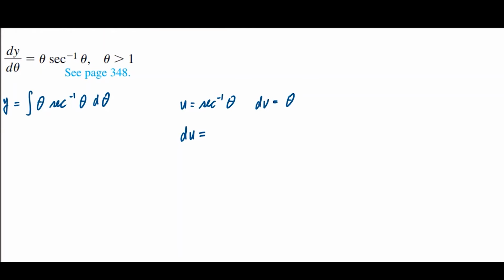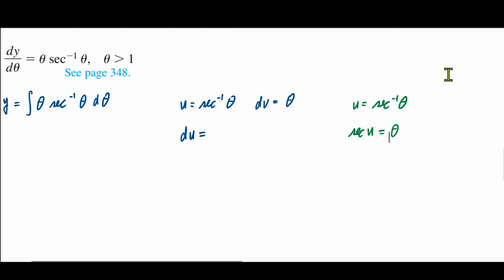Say u is equal to inverse secant theta, which is the same thing as saying secant u is equal to theta. You know what I'm saying? This is misleading because theta is usually an angle. No, in this case, u is your angle, right?